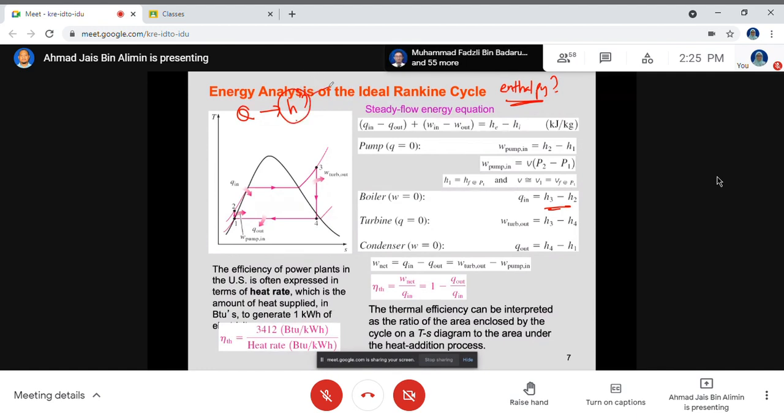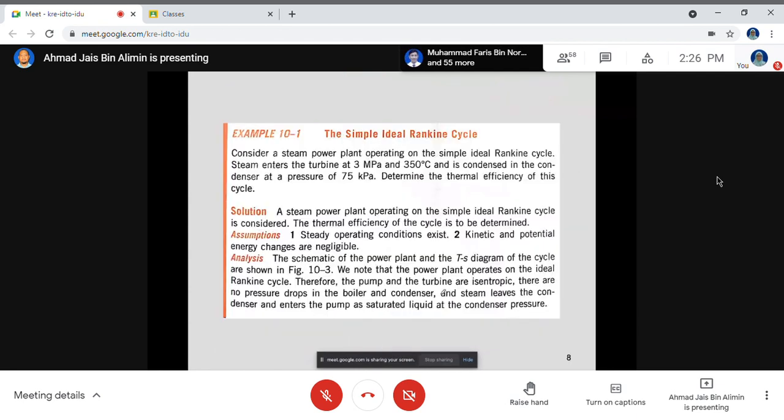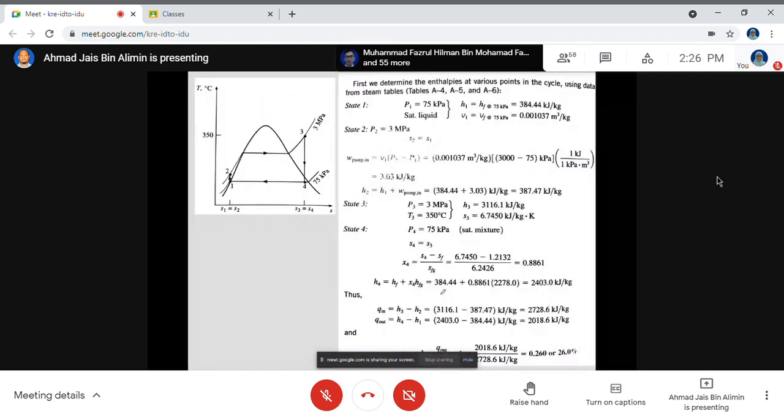Dapat mana enthalpy kan mesti dibantu oleh nilai bacaan tekanan dan juga bacaan suhu, dan juga kalau diberikan macam situasi ini ada nilai entropi, se-entropi. So S3 sama S4 dan sebagainya. Bagi yang penting kat sini. Okay, contoh dalam buku.